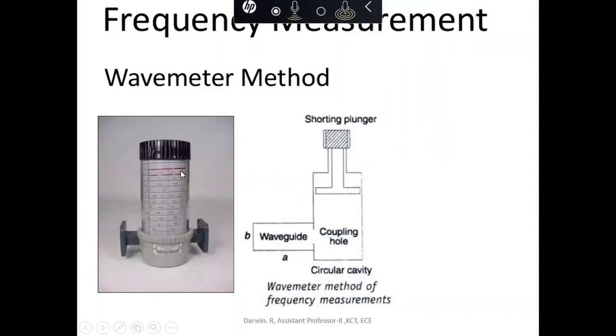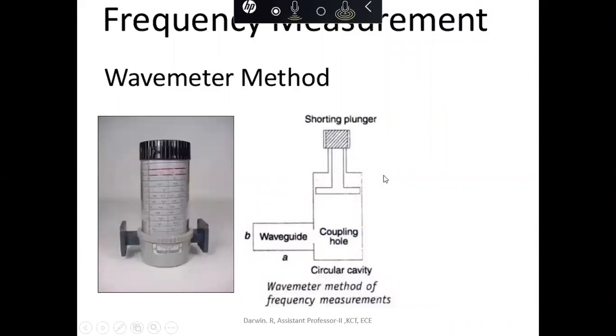To find the frequency, we rotate the top portion. The line which is horizontal to the horizontal line in the scale represented in the wave meter will give you the particular frequency value.